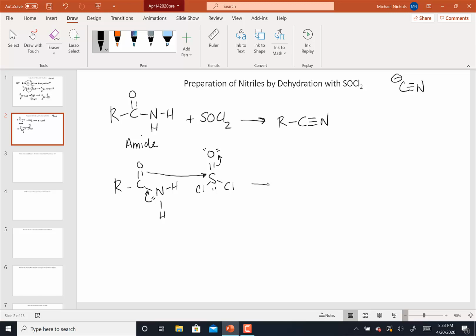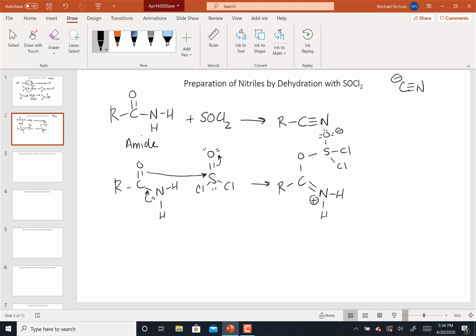So what we end up with is the O attached to the S, which now has an oxygen with 3 lone pairs on it, and therefore a negative charge. We have a double bond to the nitrogen, which now has a positive charge because it's given up an electron. And then the other 2 things attached to the sulfur are the 2 chlorines.